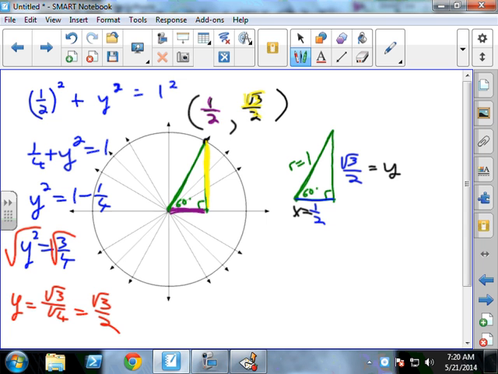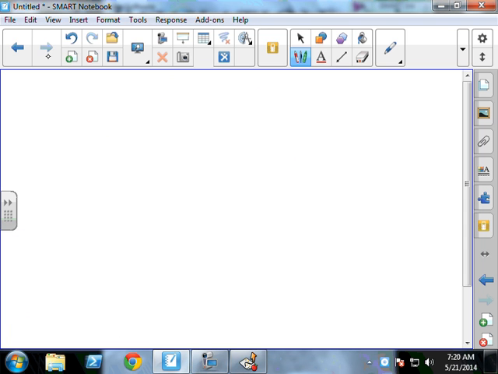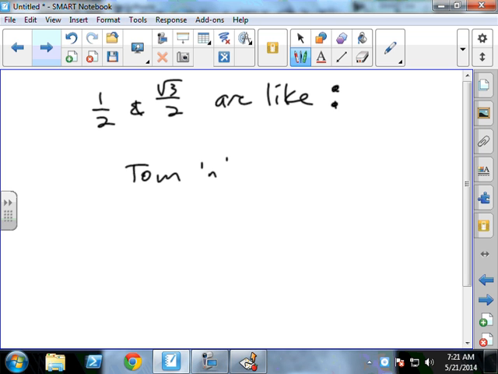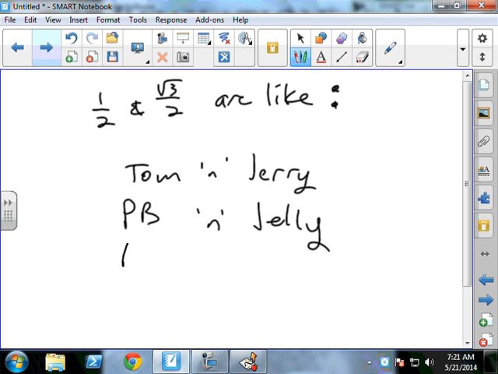So one thing I want to say is this. 1/2 and rad 3/2 are like the following. They're like Tom and Jerry. Really showing my age here. They're like peanut butter and jelly. They're like Mutt and Jeff. Okay?